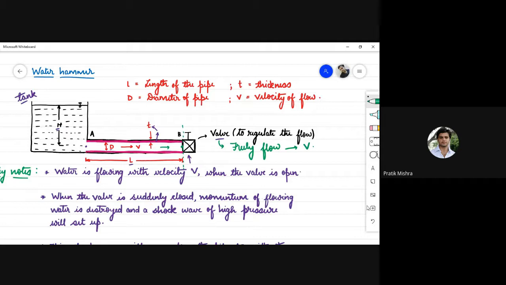Is that clear? Water is flowing with velocity v when the valve is completely open.